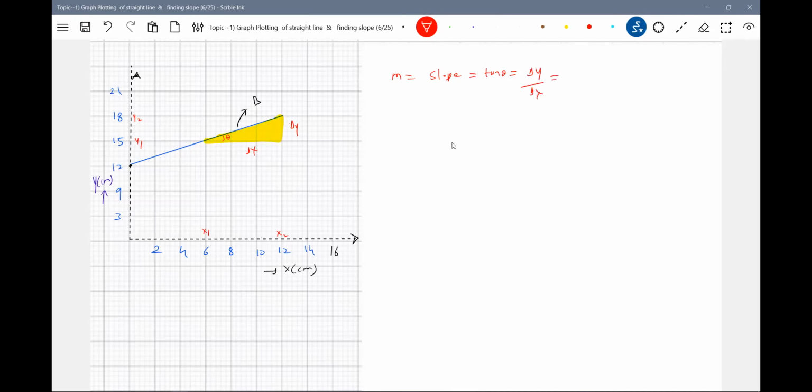which is equal to delta y by delta x, that is y2 minus y1 by x2 minus x1. What is y2? Y2 minus y1 is 18 minus 15, x2 minus x1 is 12 minus 6. This will be 3 by 6. It's having less slope.